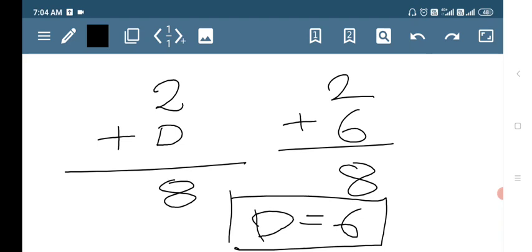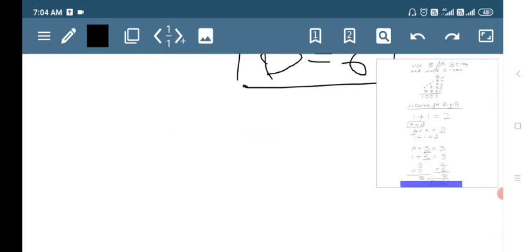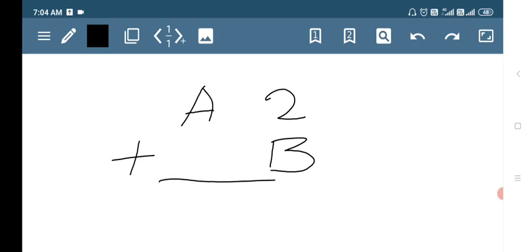So, let us try to make it a little bit complex. For example, I have A 2 plus B, and the value is 1, and here it is 5.